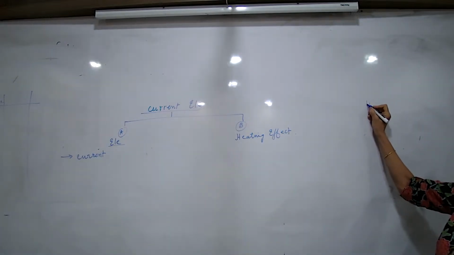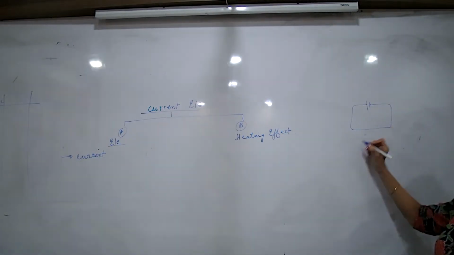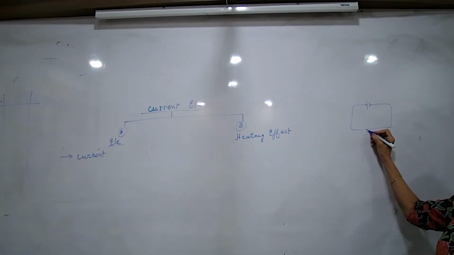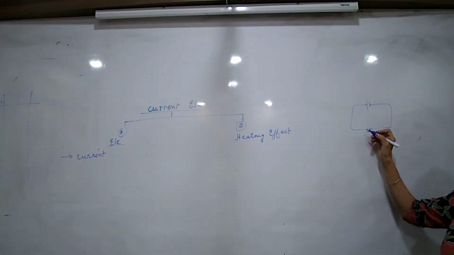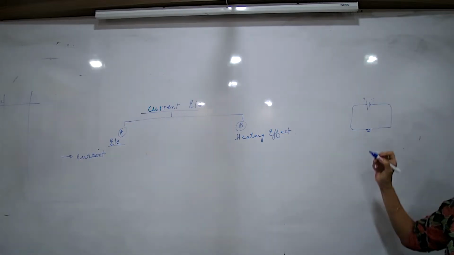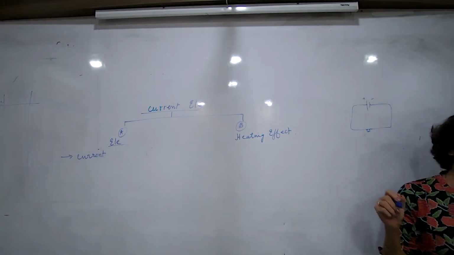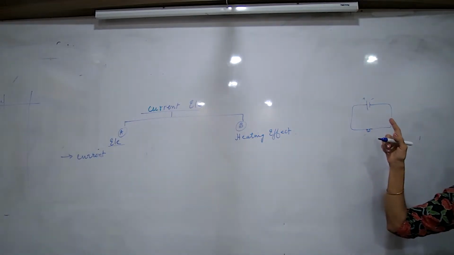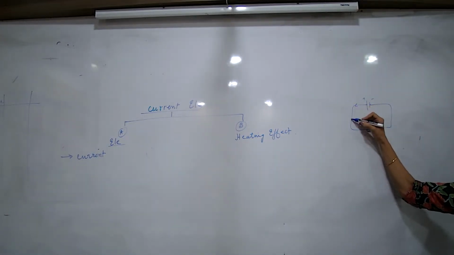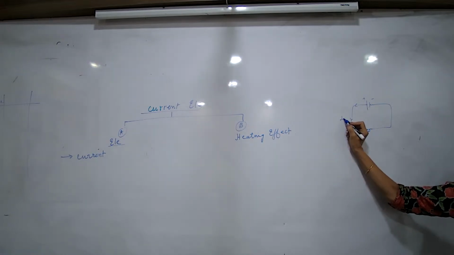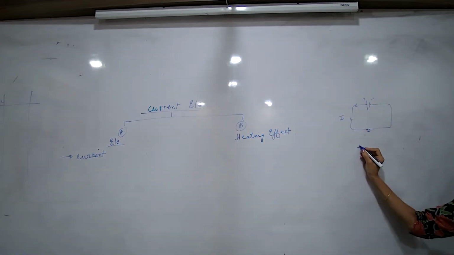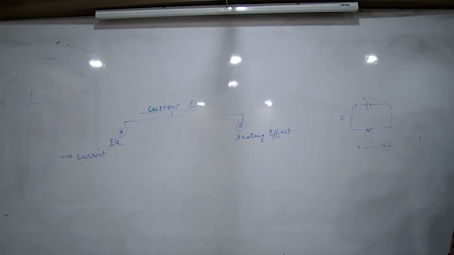Suppose I'm having a simple circuit like this, and let us say I have got a bulb or whatever it is. That's your resistor. This happens to be your positive terminal, and this is the negative terminal. When we talk about the flow of the conventional current, which is I, it is from positive to negative.